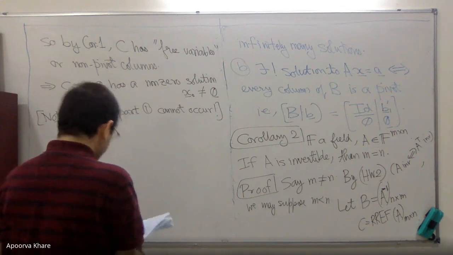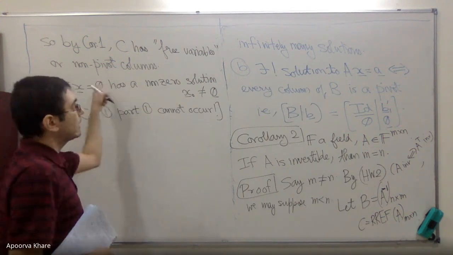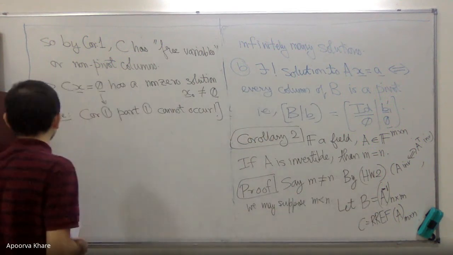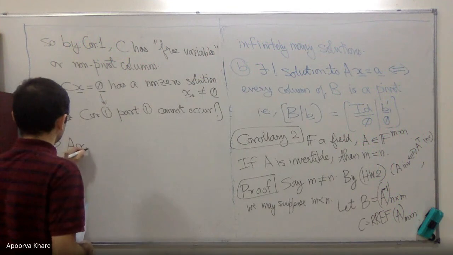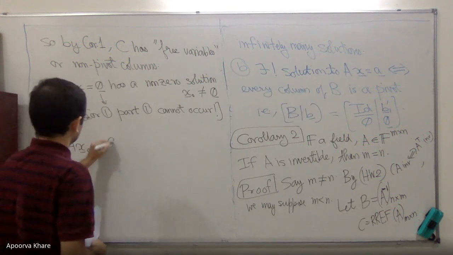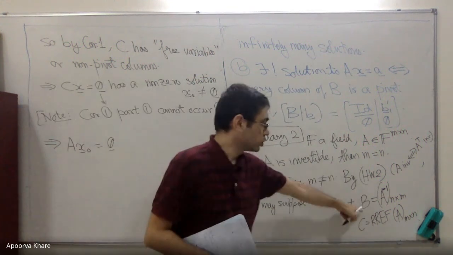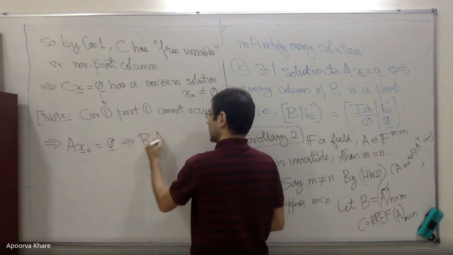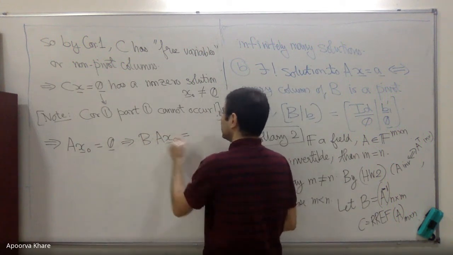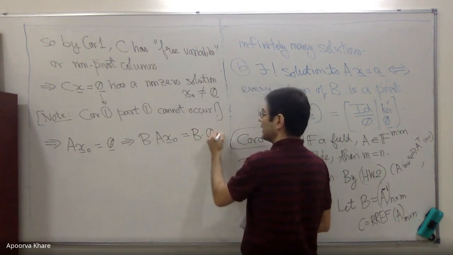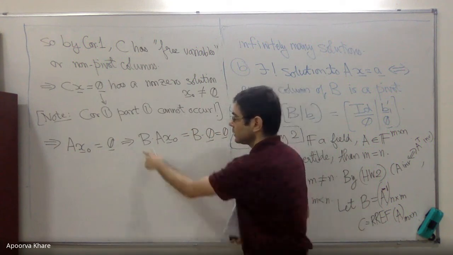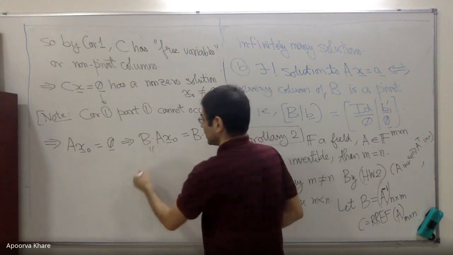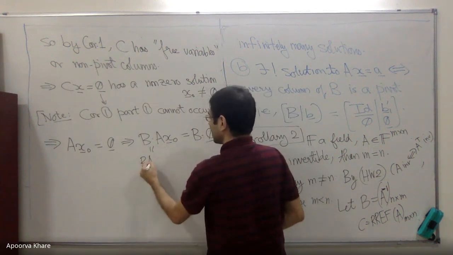But if CX naught equals 0, then because C is row equivalent to A, AX naught equals 0. Now I use my matrix B. B times AX naught equals B times 0, which is 0. What is B times AX naught? By associativity of matrix multiplication, this is BA times X naught.